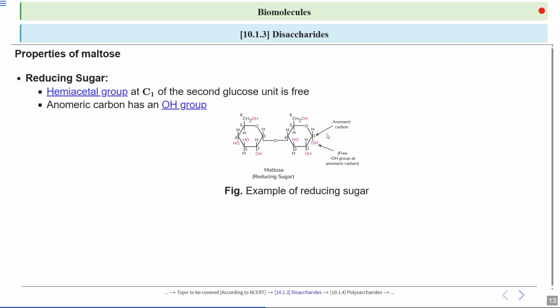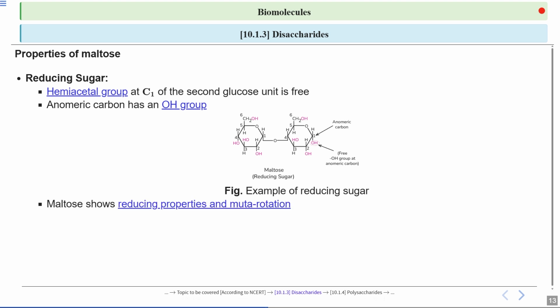So there is a free OH group at this anomeric carbon. What is an anomeric carbon? The anomeric carbon is the carbon atom that was part of the carbonyl group in the open chain form of glucose. This OH group is what allows maltose to act as a reducing sugar.